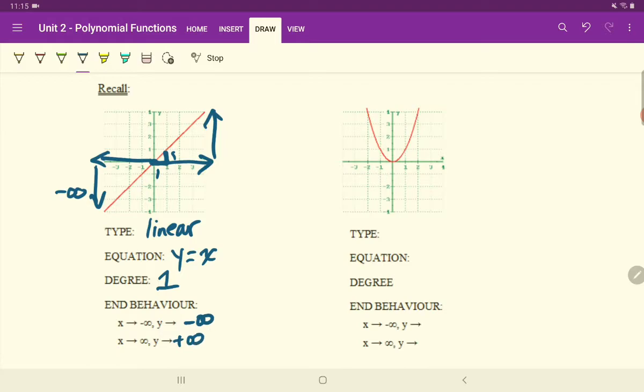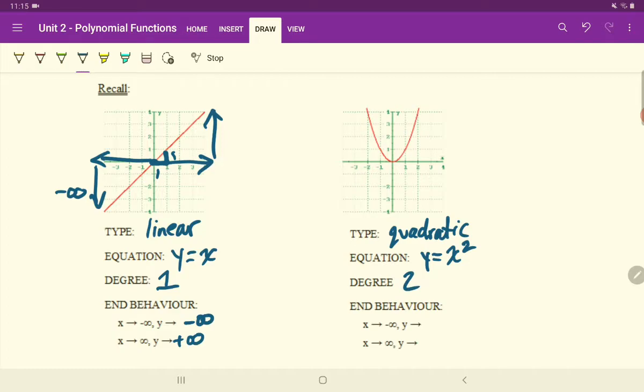Next, the quadratic. The equation for this particular quadratic, I'll tell you, is y equals x squared. It's the parent function. Our highest degree is 2.